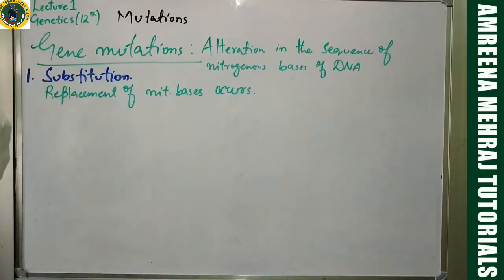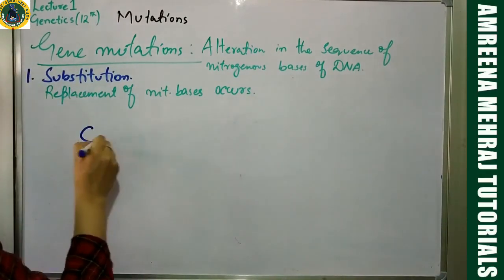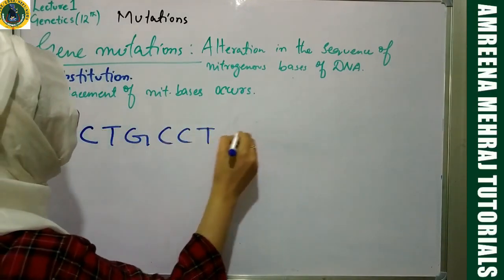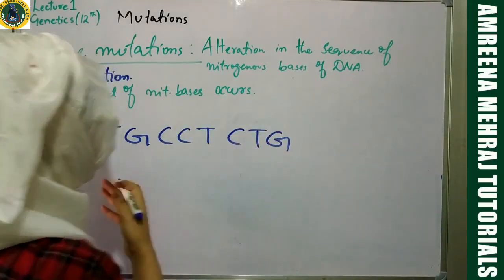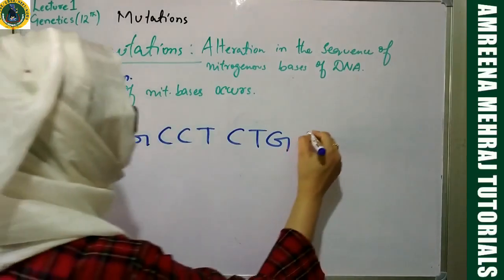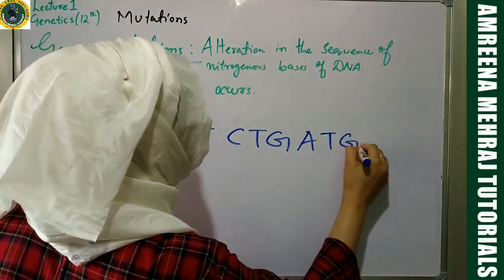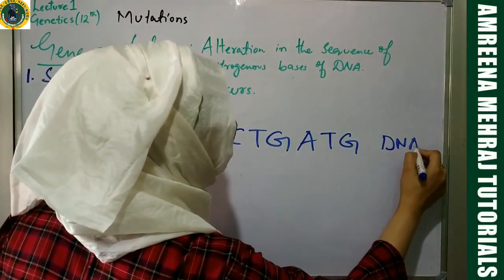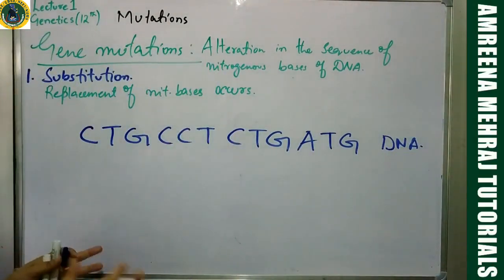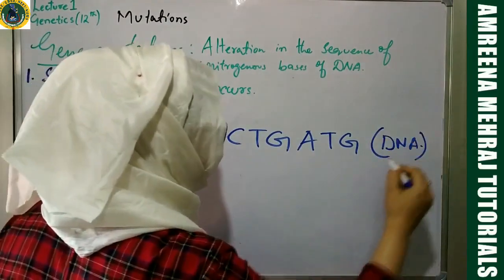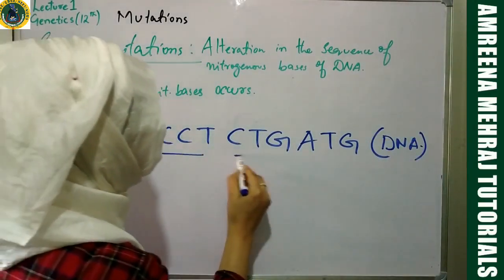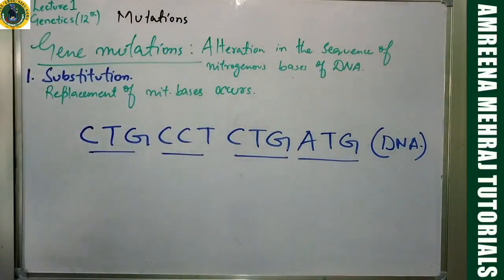Let me give you an example. Say for example, we have a sequence like CTG, CCT, CTG. Okay, let me make it long. ATG. This is a sequence which is in your DNA. So you know this basic thing that all the information which is there in the DNA is read, is decoded in triplets. Okay. So these triplets are called what?